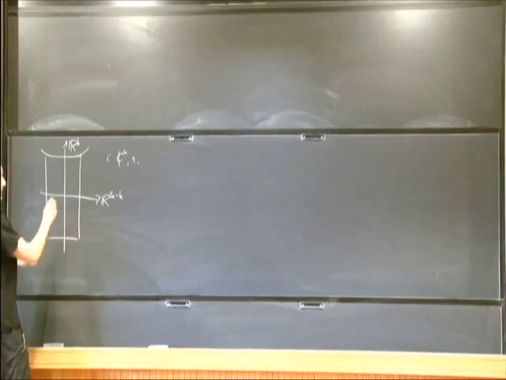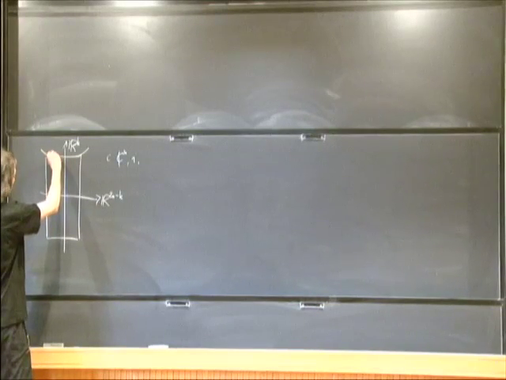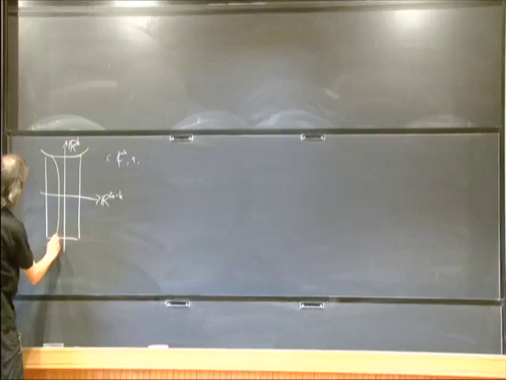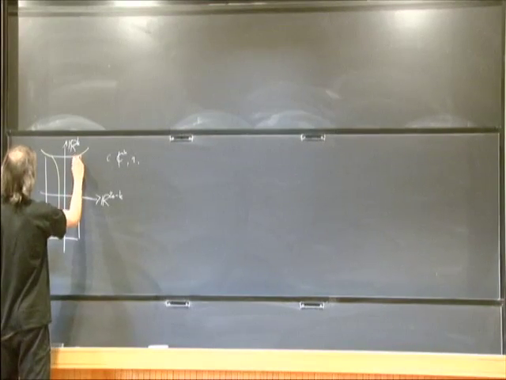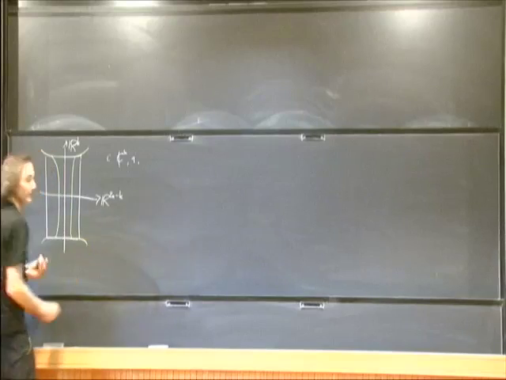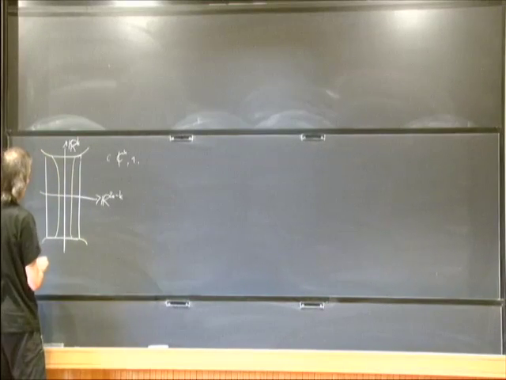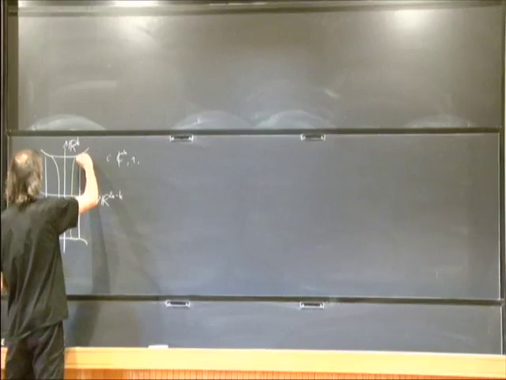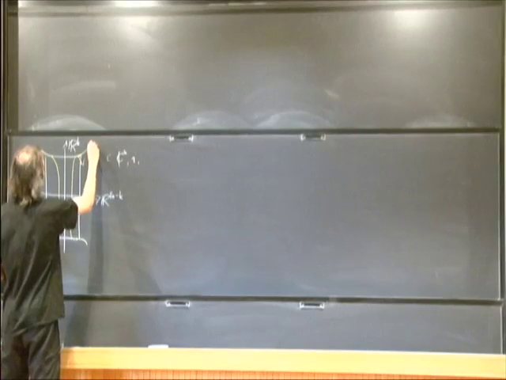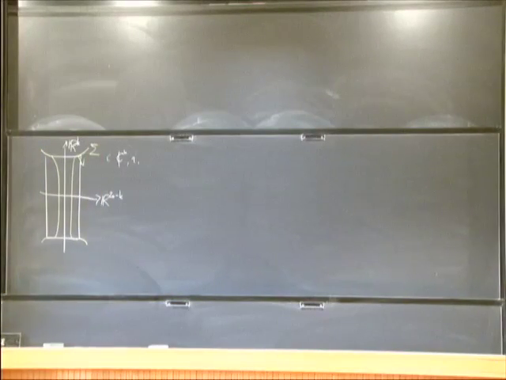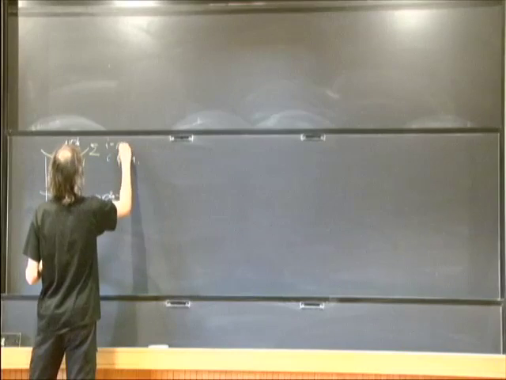We want to construct one J-convex hypersurface which is going over the handle like this. And it should be co-oriented this way. So this is the goal, sigma J-convex.